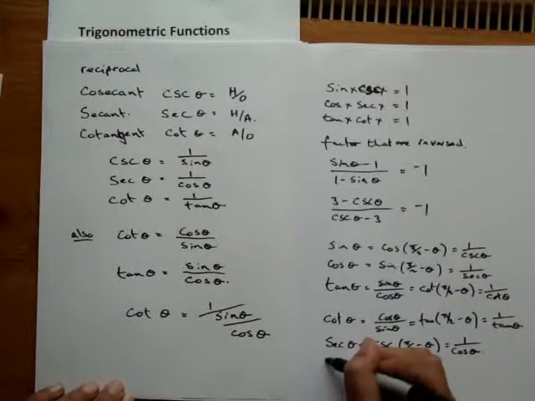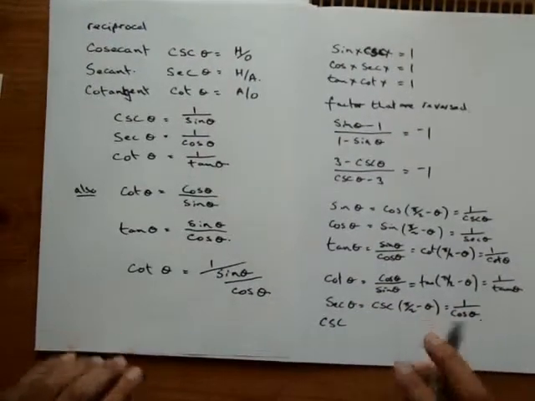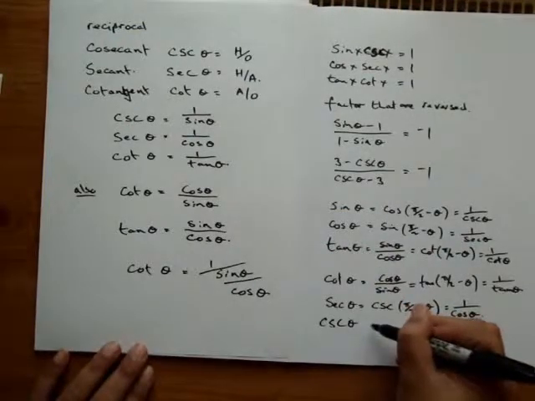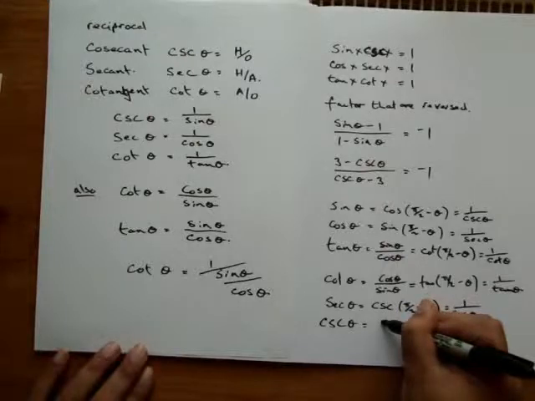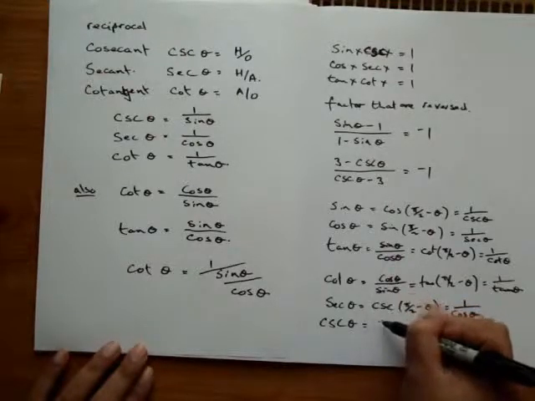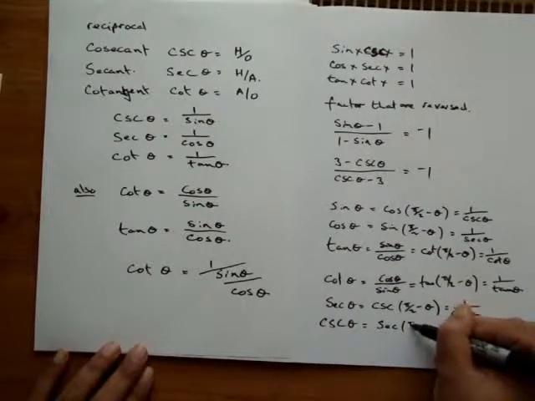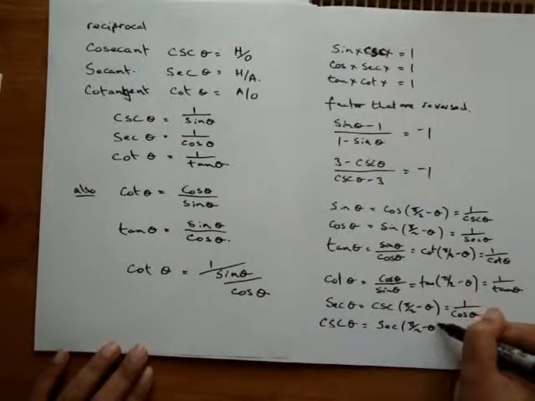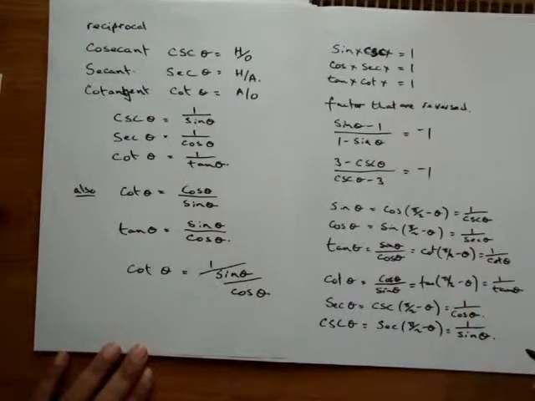And then cosec theta equals sec pi over 2 minus theta equals 1 over sine theta.